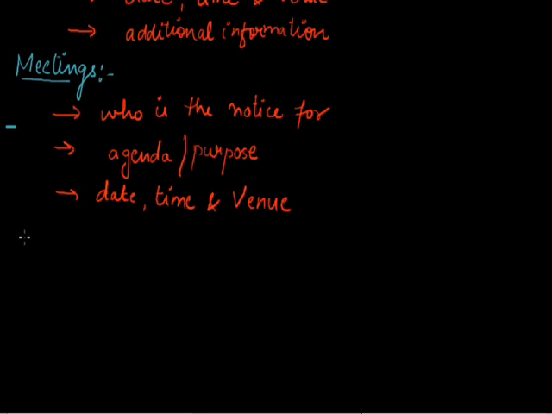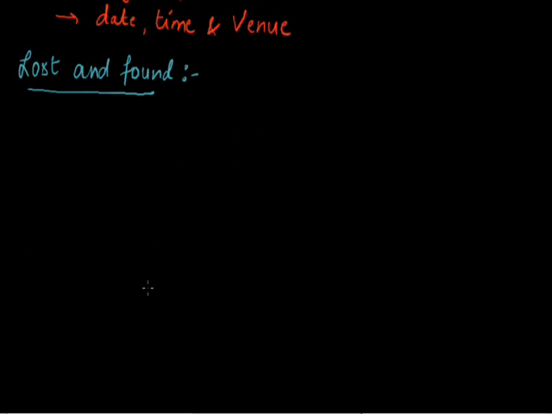The third type of notices are generally drafted for lost and found. In case of lost and found, there is a lot of information that we have to add to our notice. First of them being details of the item that is lost or found.